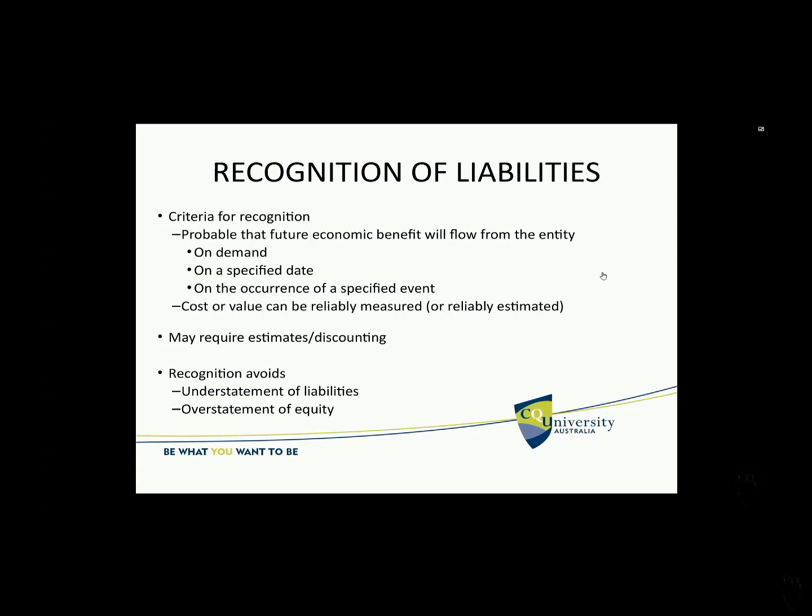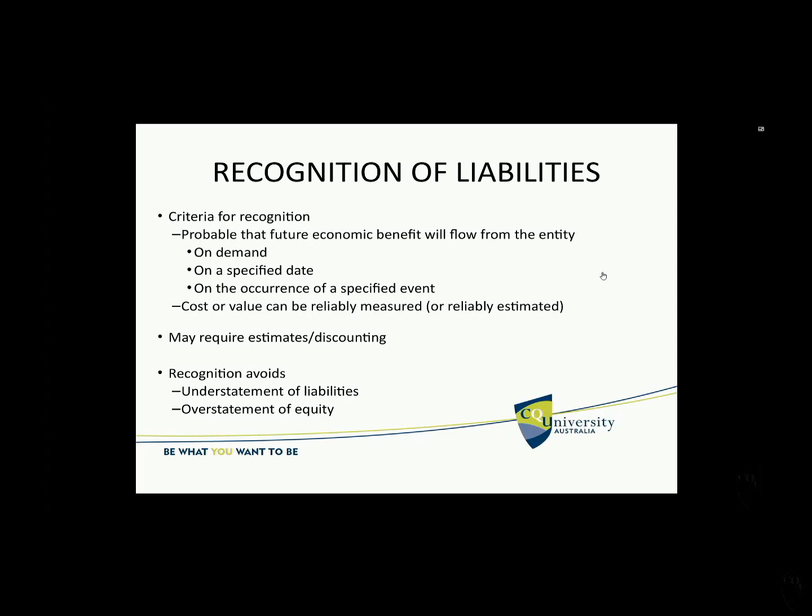Now, you see there that this probable outflow of economic benefits can be on demand, on a specified date, or on the occurrence of a specified event. Now, an example of on demand would be a promissory note, where the payee of the promissory note can demand payment at any time, i.e. on demand.